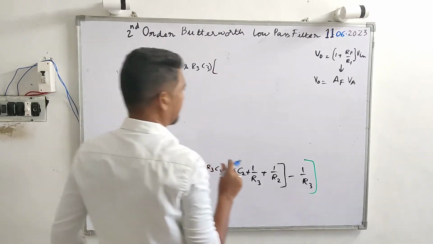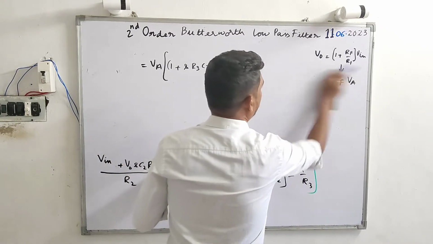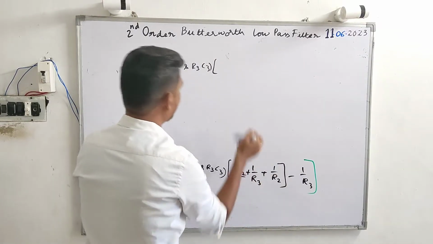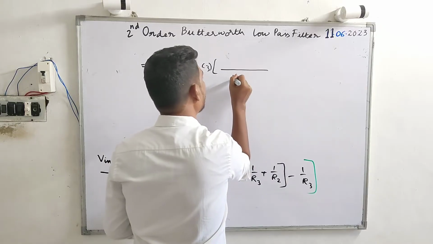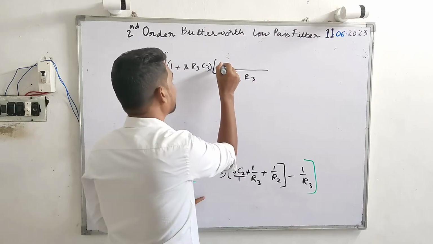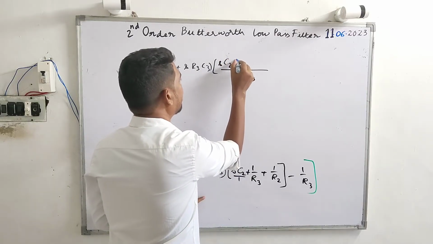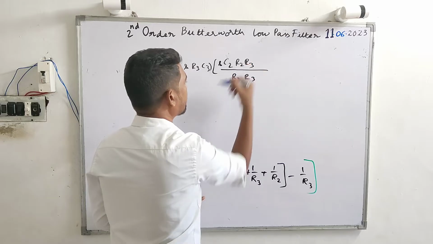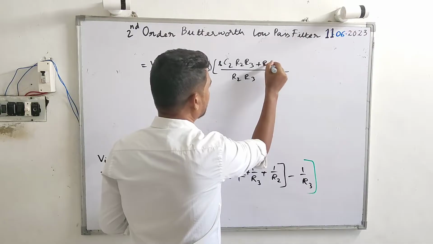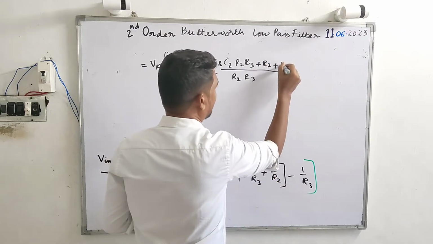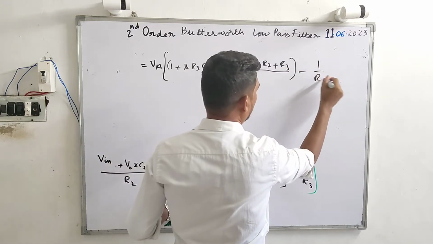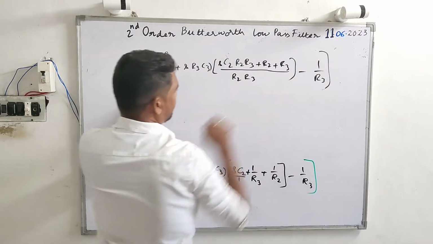Now let's take another simplification over here. Like here we have by 1, isn't it? So the LCM will be R2 R3, and in that case S C2 gets multiplied with R2 R3, plus this gets multiplied with R2, plus this gets multiplied with R3, close the braces, minus 1 upon R3, complete braces between this and this.